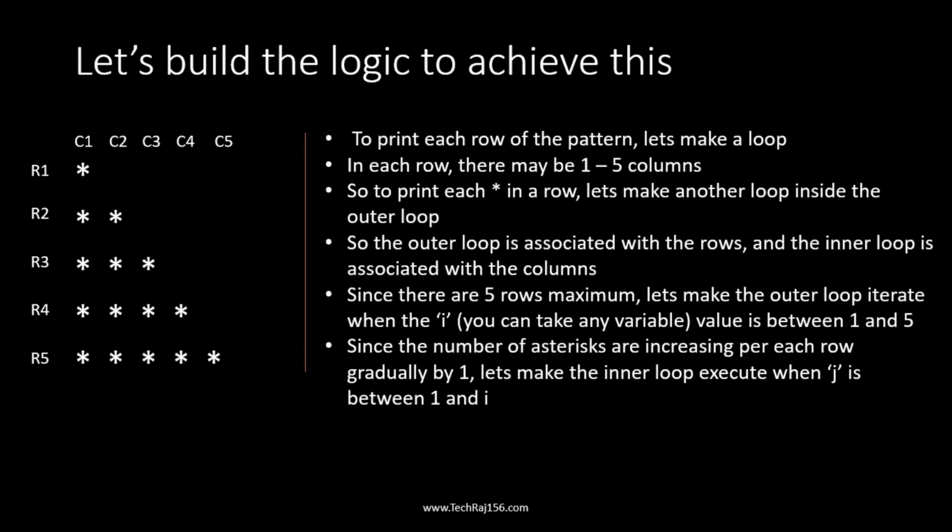There is only one possibility, and if j becomes 2, it's not going to satisfy the condition. So the inner loop executes when the j value is between 1 and the variable I. I is the variable for the outer loop. Hope you understand that. Now let's go ahead and visualize this.